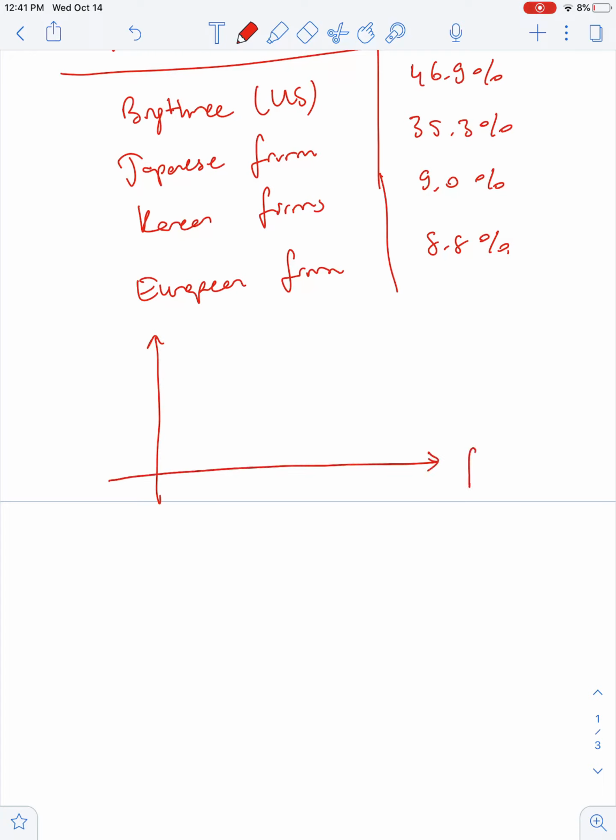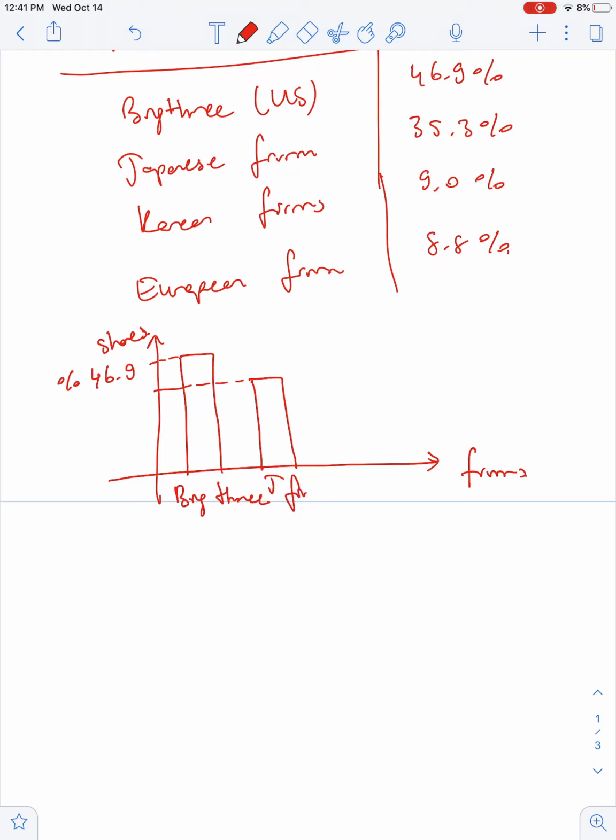If you're going to use a bar graph, how are you going to do it? Firms are here and shares are here. We have the big three, so let's draw a bar for the big three, and this is 46.9%. You have Japanese firms, which is 35.3%.